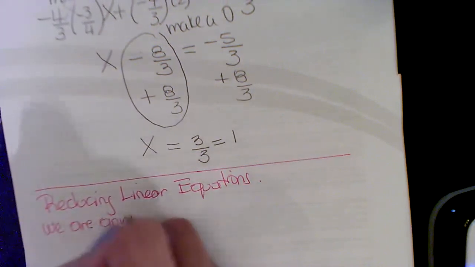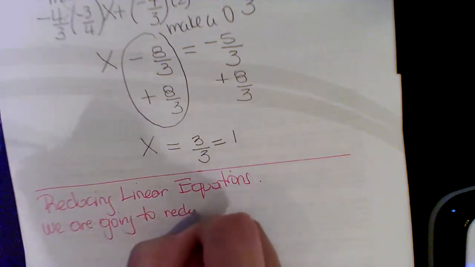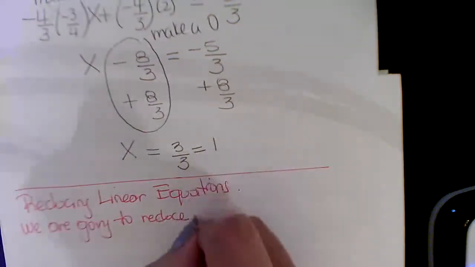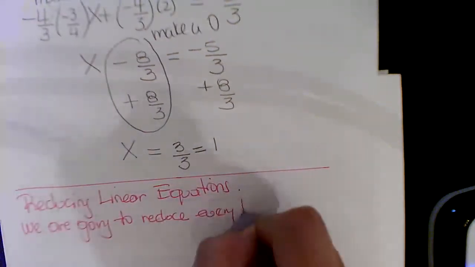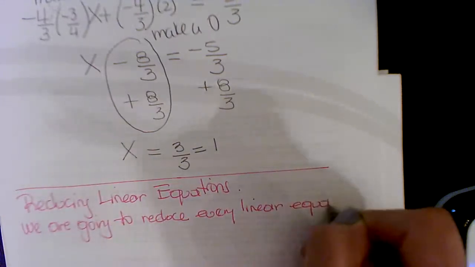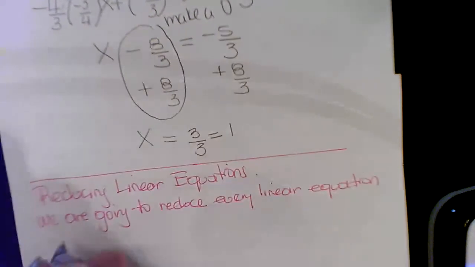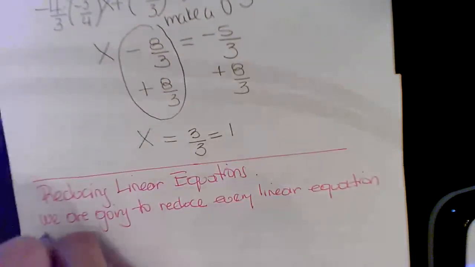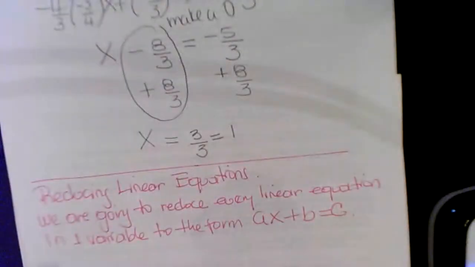So we are going to reduce every linear equation in one variable to the form ax plus b equals c. All right?